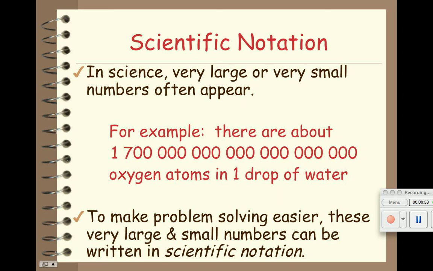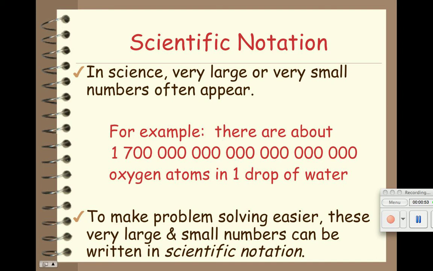So, in science, as we said, we often deal with very large or very small numbers. Here, I have a very large number that I can't even begin to express to you the name of, but there are about this many oxygen atoms in one drop of water.